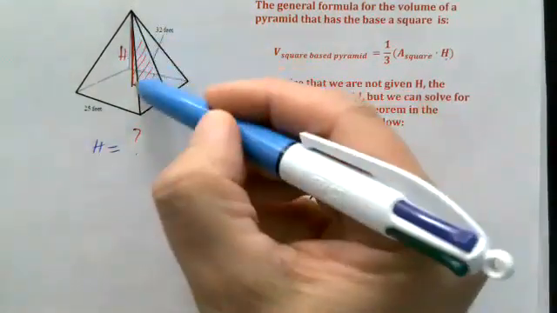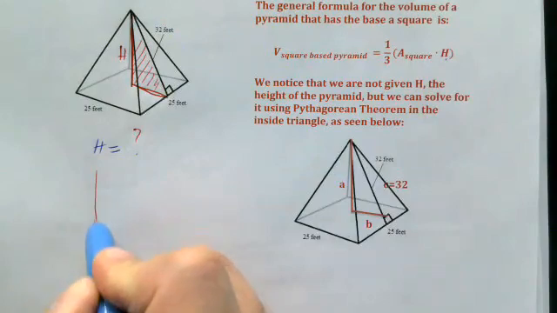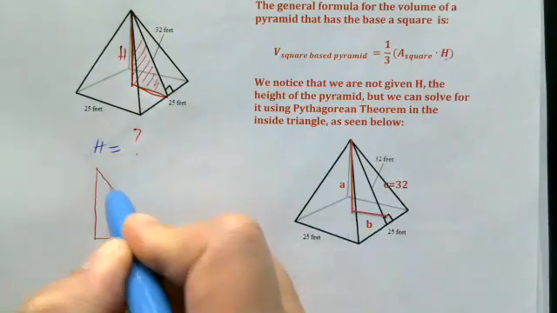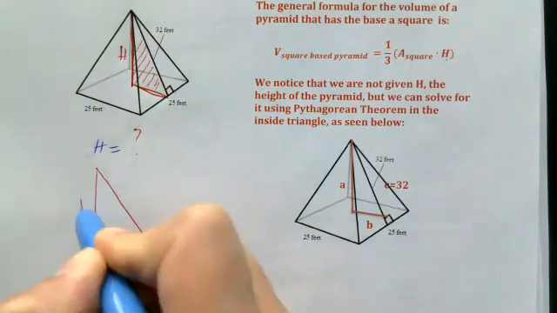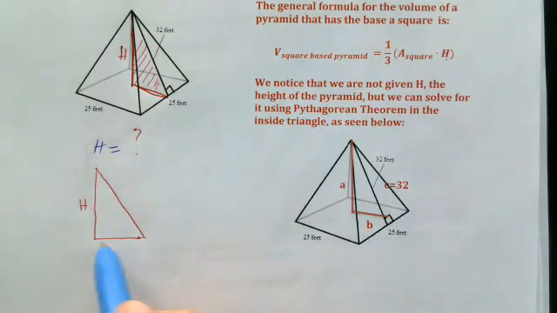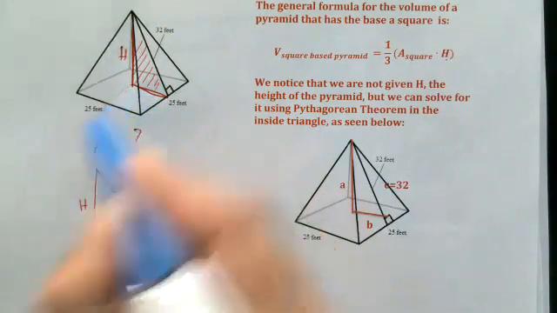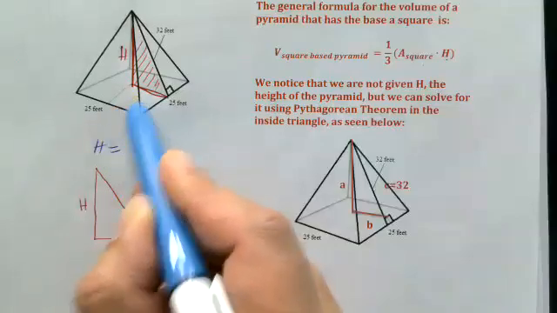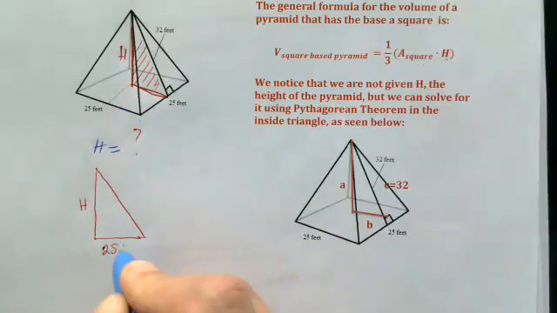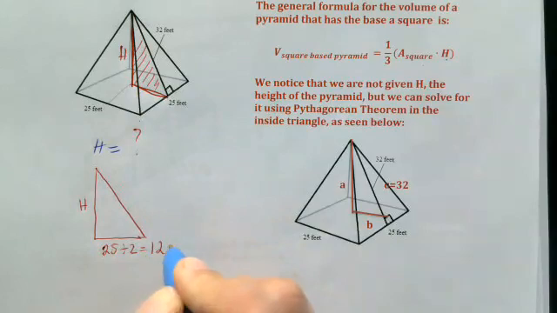Let's take this inside triangle and make a flat drawing so we can see it better. That's the height. Now this is half of the 25, so 25 divided by 2 is 12.5.